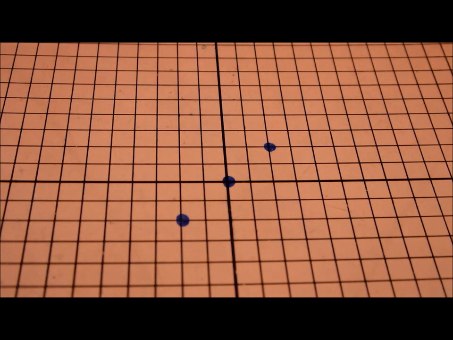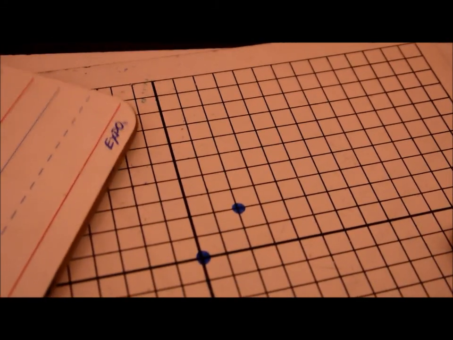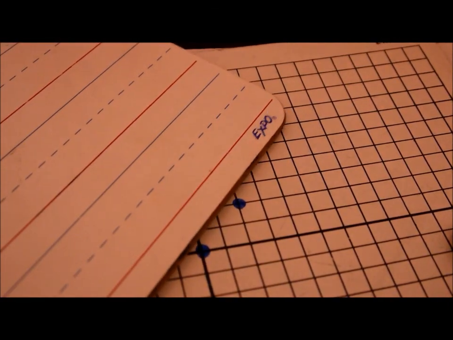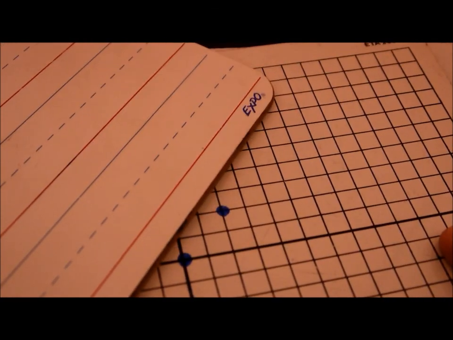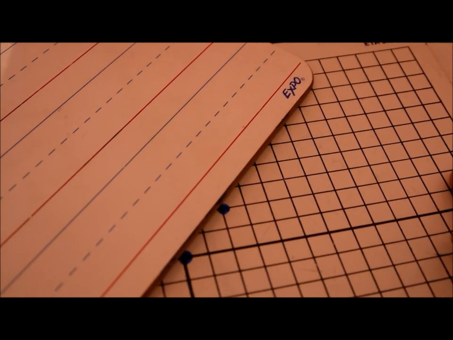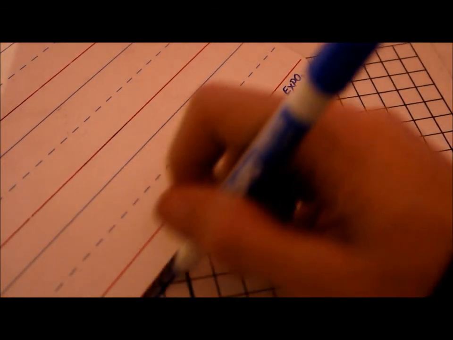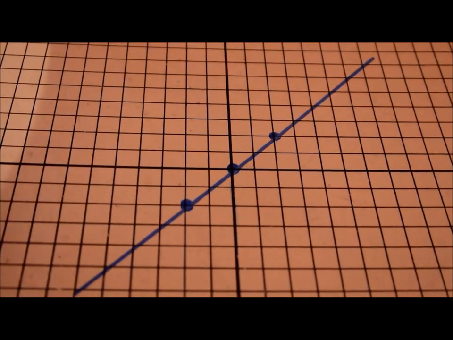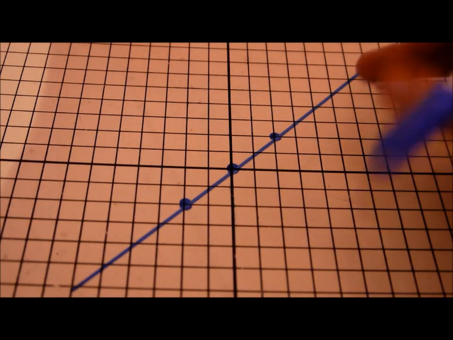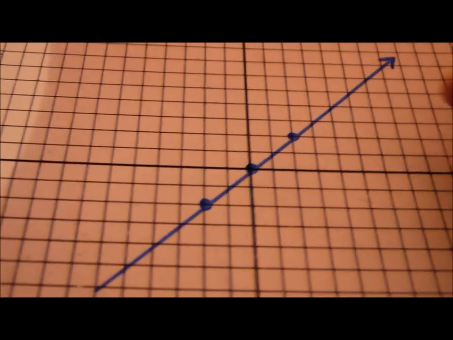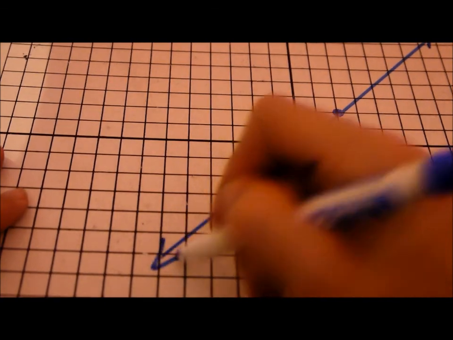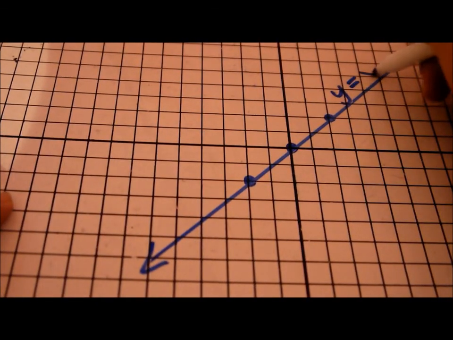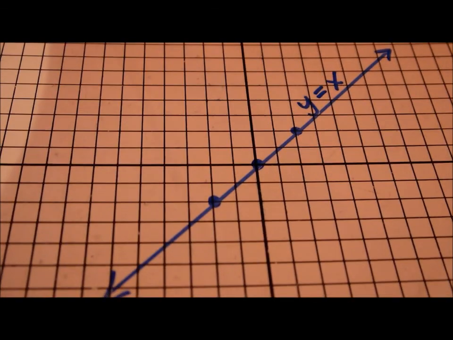The line y equals x will always look like a perfect, sorry, this is a little difficult. Next time I'll bring a straight edge to my classroom. Okay, so as you can see there, it's perfectly in between. It cuts this quadrant perfectly in half, and it cuts this quadrant perfectly in half. This will always be the graph of y equals x.